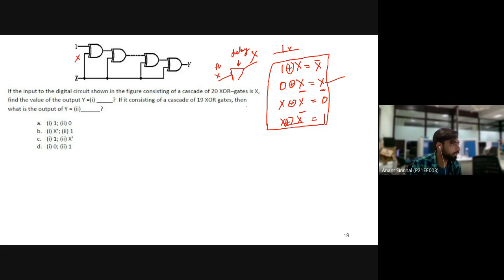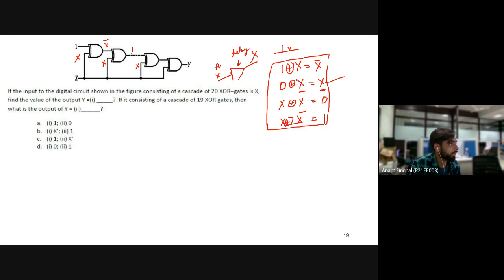Okay, so I'll do the question now. It is given that 1 and X are getting XORed. So I've just written that whenever 1 is given, it will act as an inverter. So here we'll get X bar, and here there always will be X. So X and X bar, once they get XORed, will always give 1.